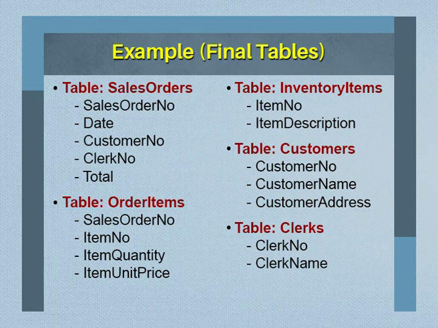So, even in technical things we have to do normalization. The normalized tables after identifying this are sales order, inventory items, customers, clerks, and order items. So, these 5 items were identified separately.